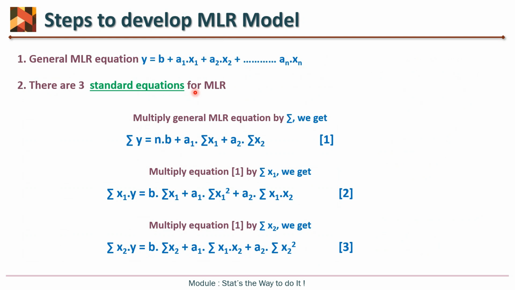Now coming to steps of developing the MLR model. Step number 1: the general MLR equation is in the form of again a straight line, but here the number of factors are equal to the number of slope coefficients while the intercept remains single only.